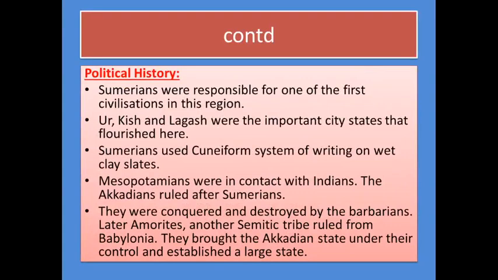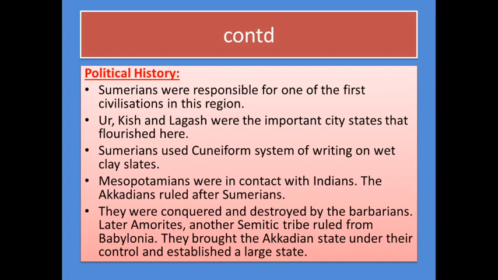Let us see their political history. Sumerians were responsible for one of the first civilizations in this region, that is the Mesopotamian region. These were the first people. Ur, Kish, and Lagash were the important city-states that flourished here.